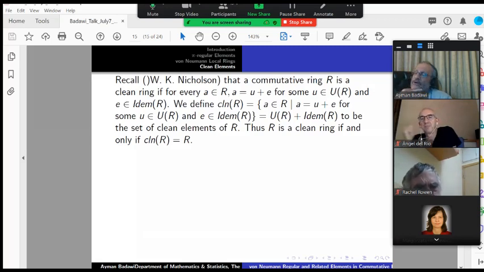Until now I see papers on clean rings, and they generalize it: semi-clean rings, strongly clean rings. There are many concepts related to clean rings. We study this concept too. There's no time to talk about it. And also we studied a graph, which we call the idempotent graph.